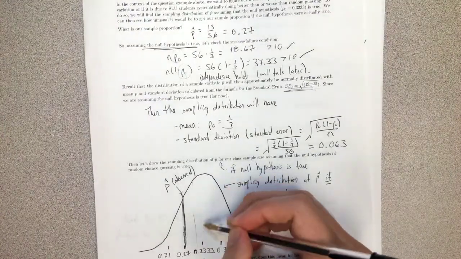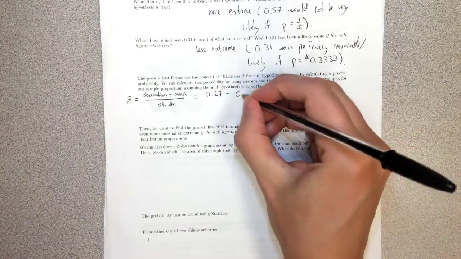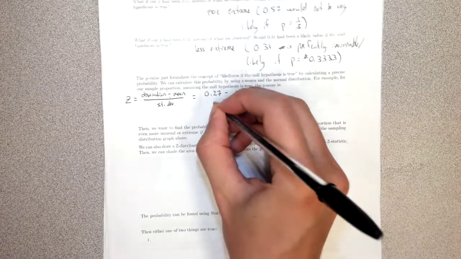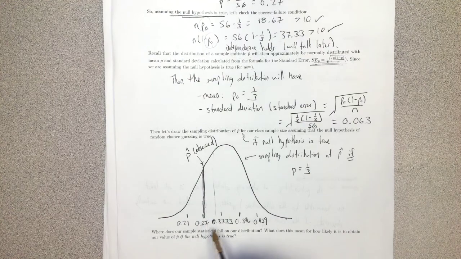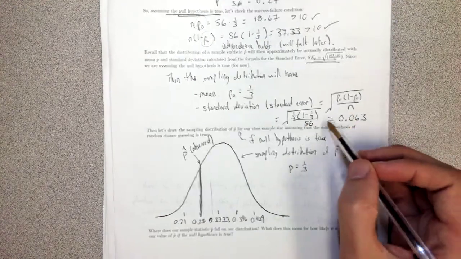Our mean is the mean of the sampling distribution if the null hypothesis is true, so we can see easily here that it's centered at 0.33. And then the standard deviation of the sampling distribution, which we calculated here, is also called the standard error. So that's 0.063.